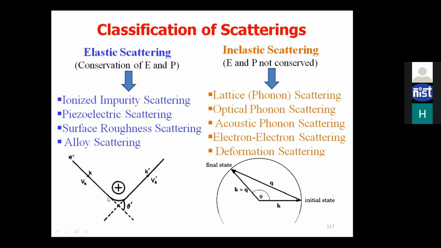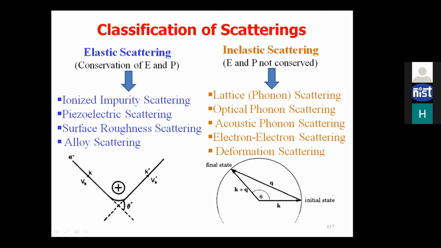Now, as there is a heavy positive ion, that electron will scatter. Instead of moving straight, it changes direction. Now the final wave vector direction is k prime. Initially it is moving in the k direction with momentum ħk. After scattering, it will be moving in this direction.